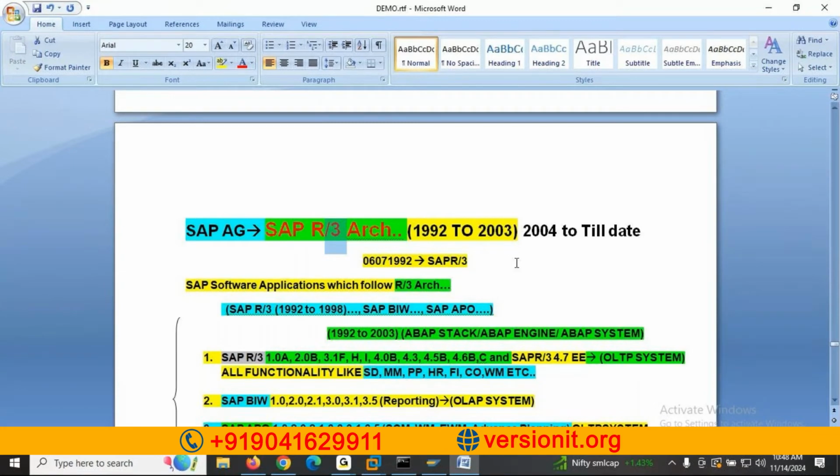In SAP terminology, we call it database instance. What do you call it in SAP terminology? Database instance.